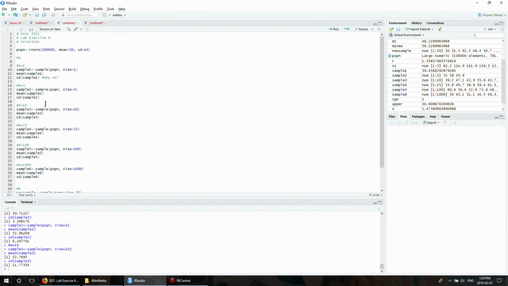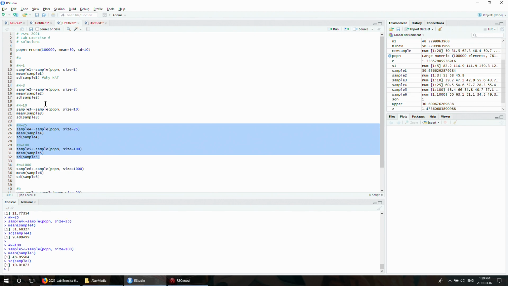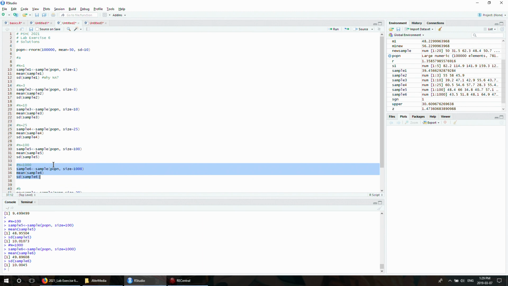So anyway, you do 10 draws. 52 again. 25 and 100 draws together, 51 and 48, so the sample mean is pretty close to the population. And 1,000 we're just 0.11 off.